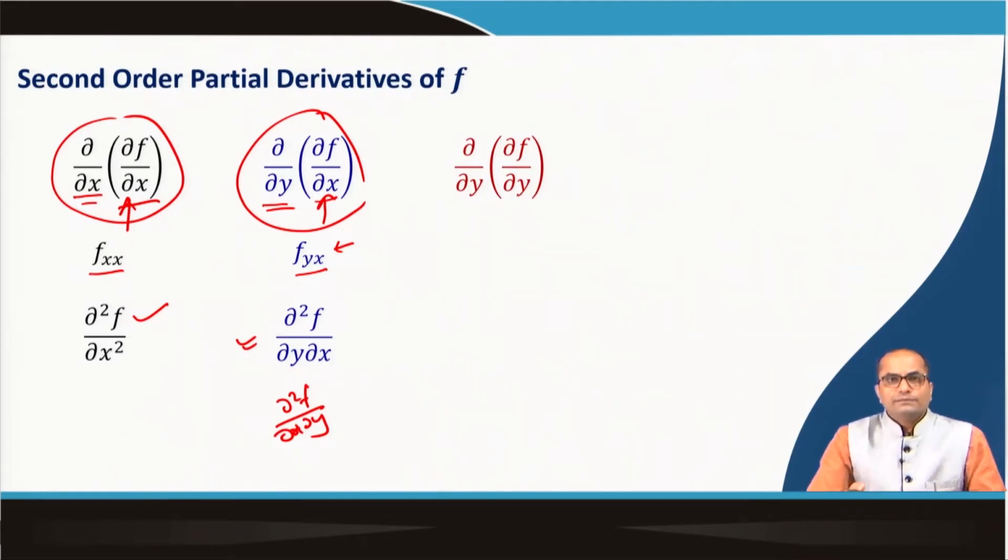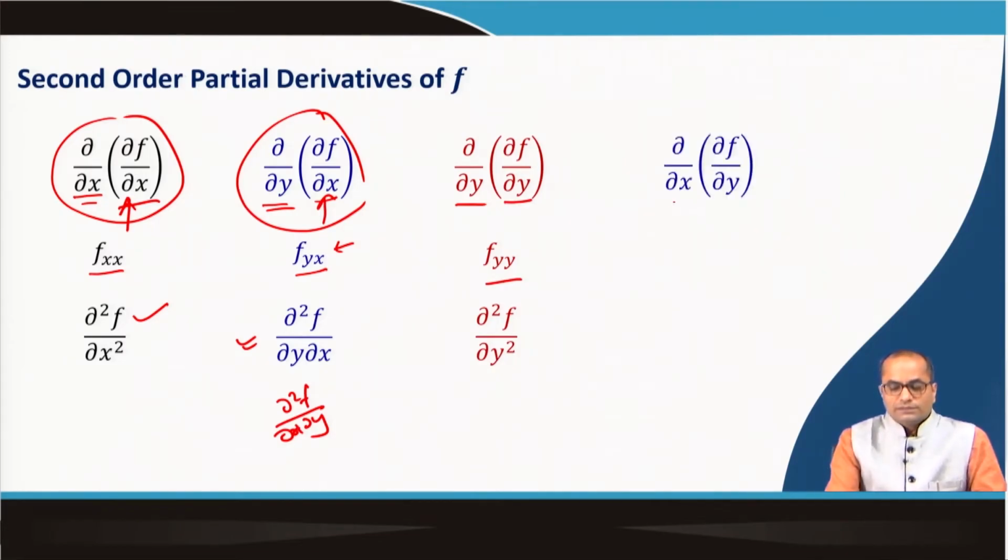Similarly, we take the partial derivative with respect to y, and then again differentiate with respect to y. So again it is two times the partial derivative with respect to y, denoted by f yy, or del 2 f over del y 2. Similarly, first the partial derivative with respect to y, and then with respect to x.